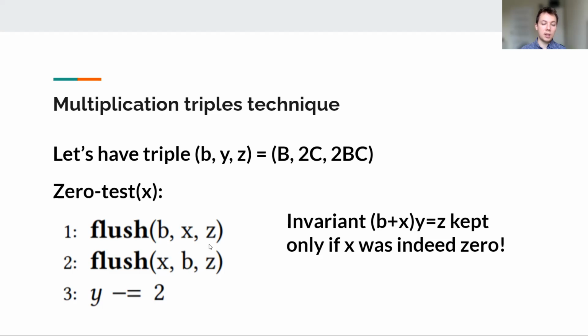This loop in the first line cannot be executed b number of times. If x is zero, then it can be done because we fully flash b to x and then fully flash it back.